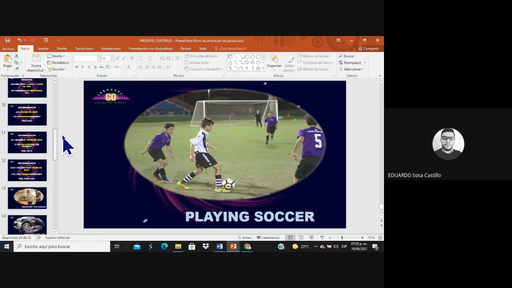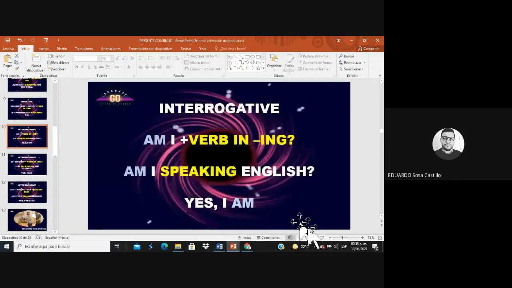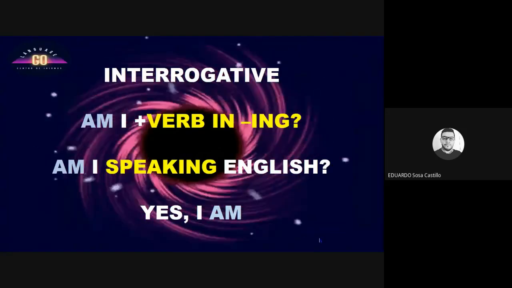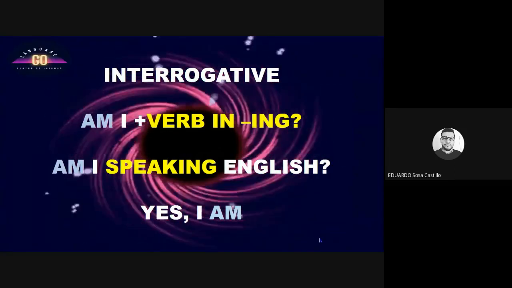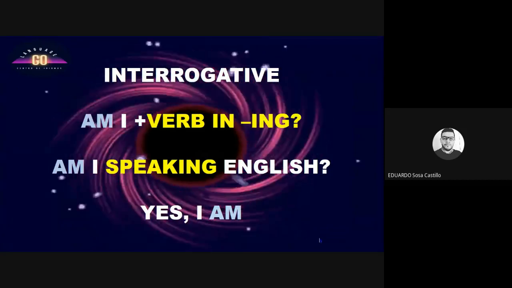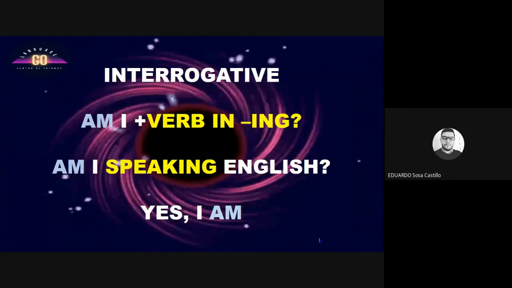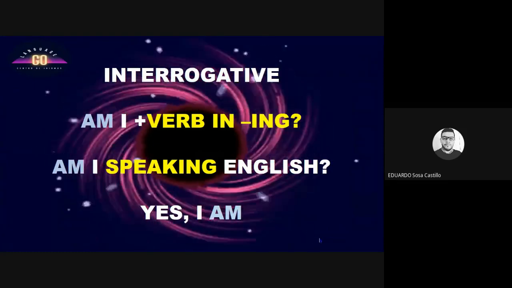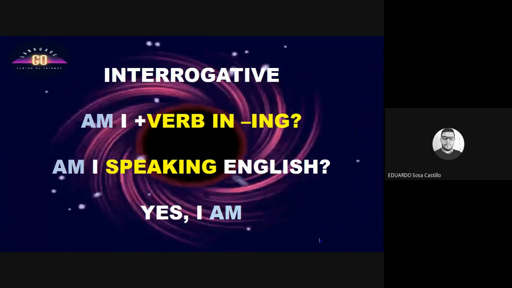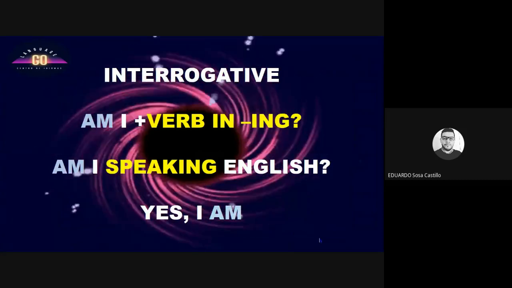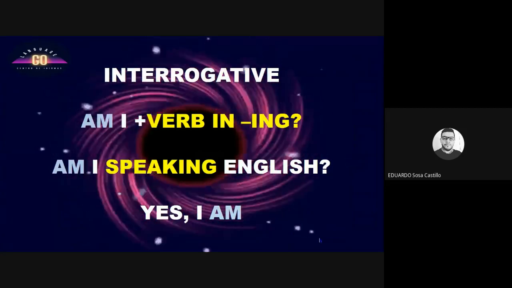I'm going to teach you how to make questions. So what we have here, the interrogative form. Look at this. Now we are going to make some changes. What are those changes? We have here, am I? Yes. Look at this. I can change sentences easily by doing this.